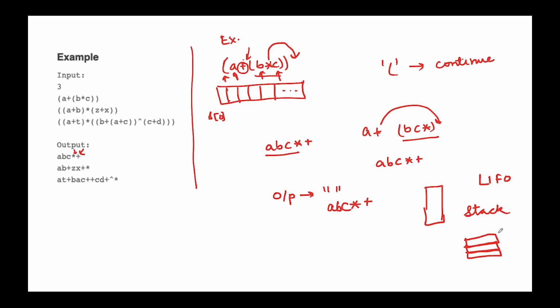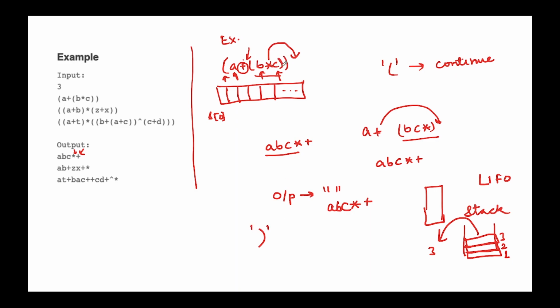The first plate which was stacked was here, one, two, three. Now when you want to pull out a plate from here, which plate are you going to pull out first? That is number three. So last in, first out. This is called LIFO.